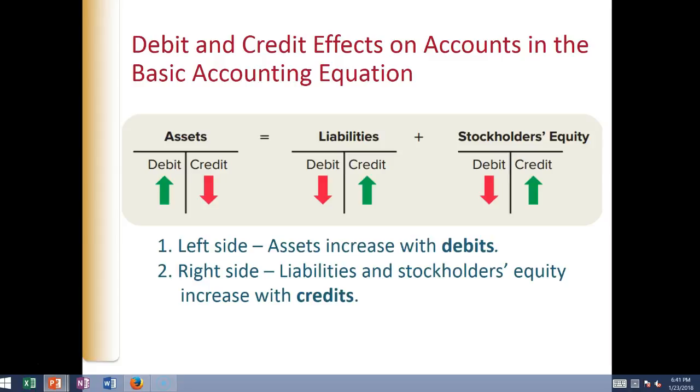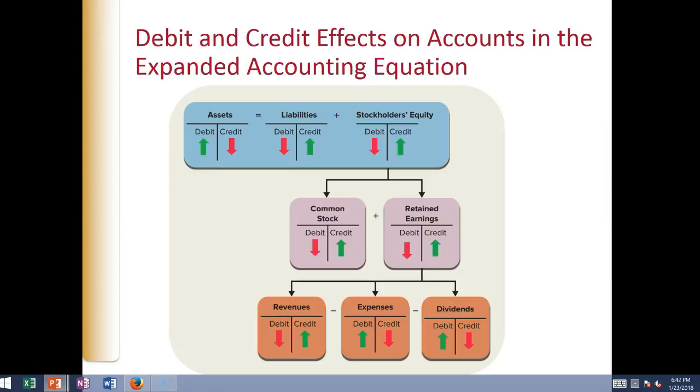But for liabilities and stockholders' equity, a credit increases the liabilities and stockholders' equity accounts, and a debit decreases liabilities and stockholders' equity. So then we looked a little more about expanding this to know that assets equal our liabilities plus our stockholders' equity.